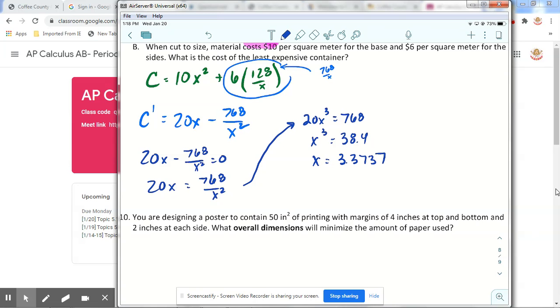Okay, and then I'll double check by finding the second derivative. So I multiplied 768 by 2. I changed the sign, and then I'm supposed to add 1 to the exponent.